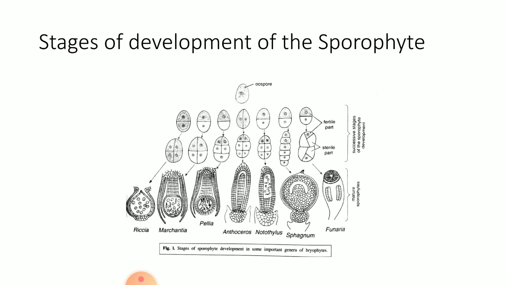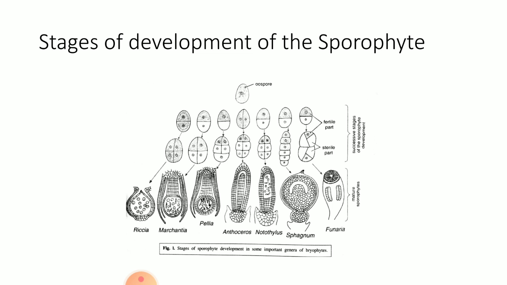Now, regarding the sporophyte of Marchantia, here the two-celled embryo divides at right angles and a four-celled embryo is formed. The two lower cells, called the hypobasal cells, remain sterile and form the foot and the seta. The upper two cells, called the epibasal cells, are fertile and by repeated division form the upper part of the seta and the capsule.